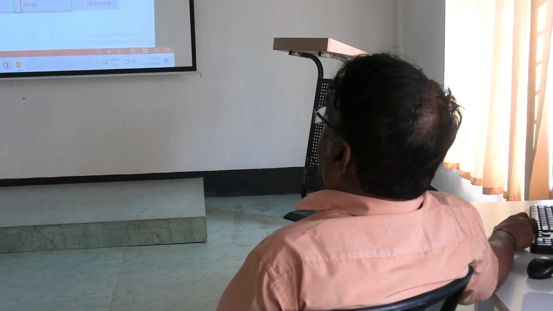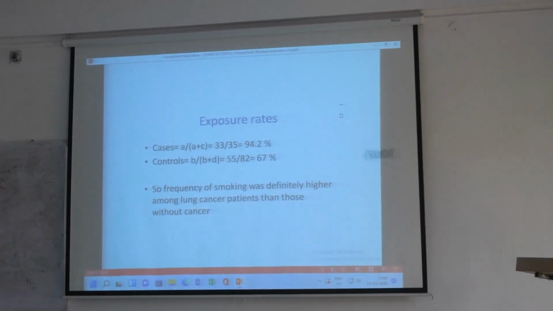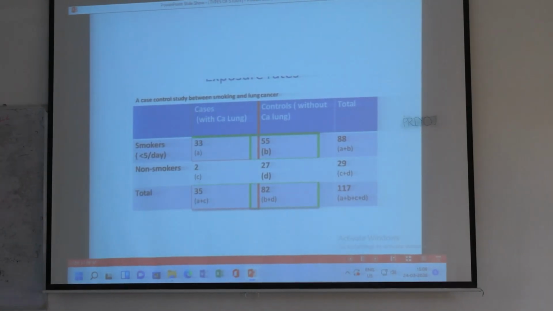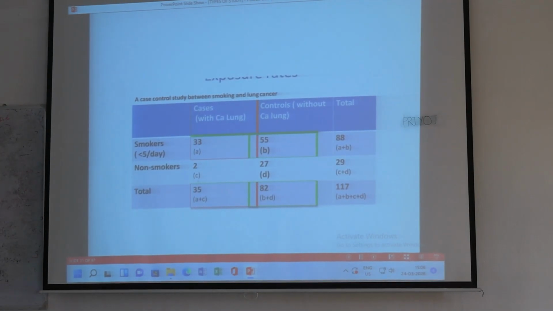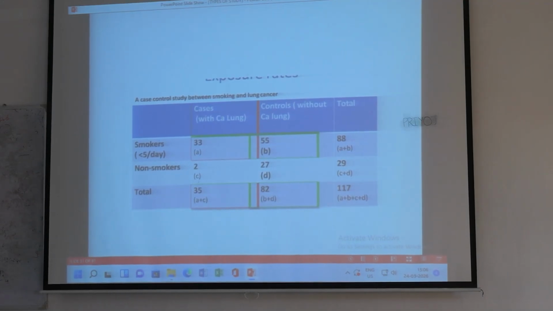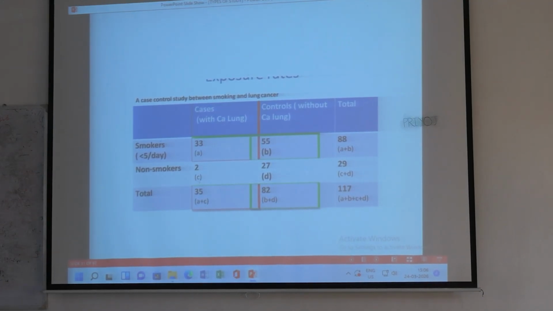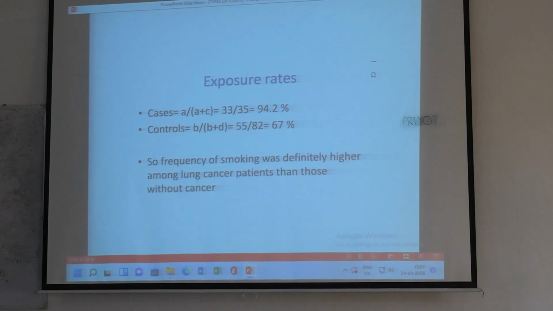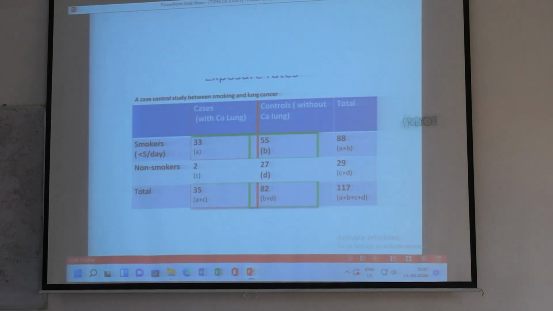Total is 117. So the exposure rate is A by A plus C, that is the number of smokers with CA lung divided by the total number of cases. That is 33 by 35, which is 94.2%. And who are the controls? Those without CA lung.